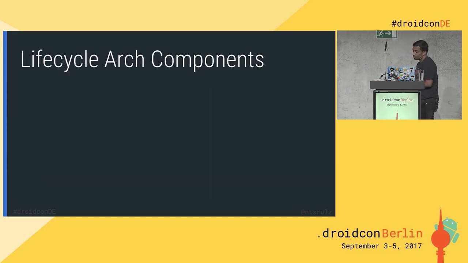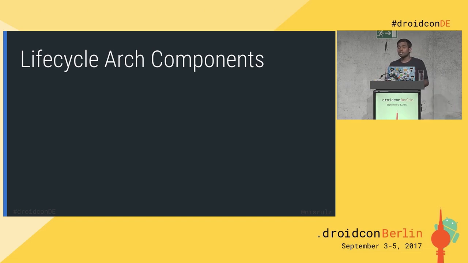Lifecycle architecture components. So this is fairly new. Everyone talks about the lifecycle architecture components with regard to app development. They talk about how to architect your app and everything, but no one talks about the lifecycle architecture components with respect to libraries. A good thing that it brought with it is that now library developers can look for what a particular lifecycle event is going on in the activity itself, and it allows us to trigger a lot of functions based on that.